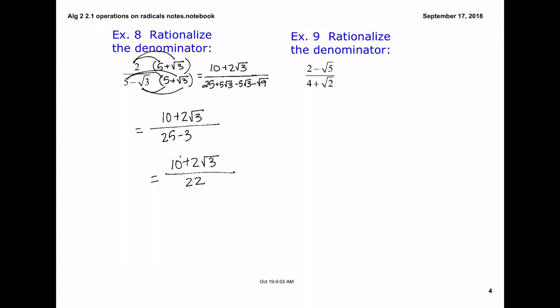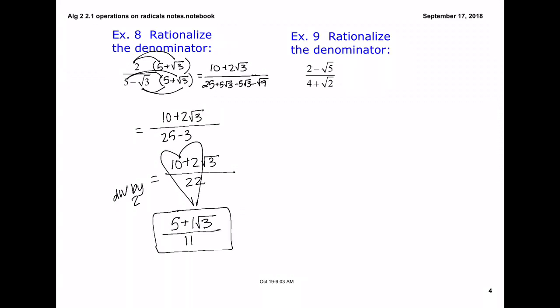In order to simplify these three numbers on the outside, it must form a heart. 10, 2, and 22 are all divisible by 2. So 10 divided by 2 reduces to 5. 2 divided by 2 reduces to 1. We don't touch anything underneath our radical, and 22 divided by 2 is 11. So our most simplified answer is 5 plus 1 root 3 over 11.